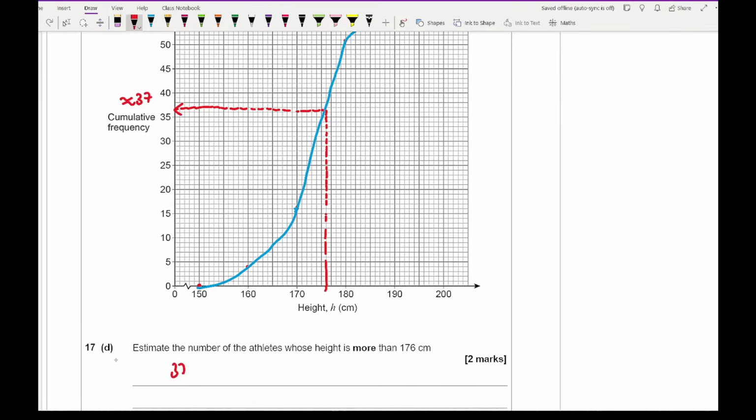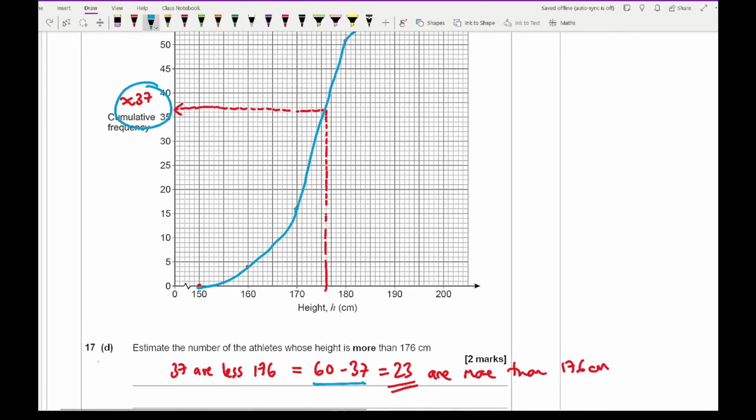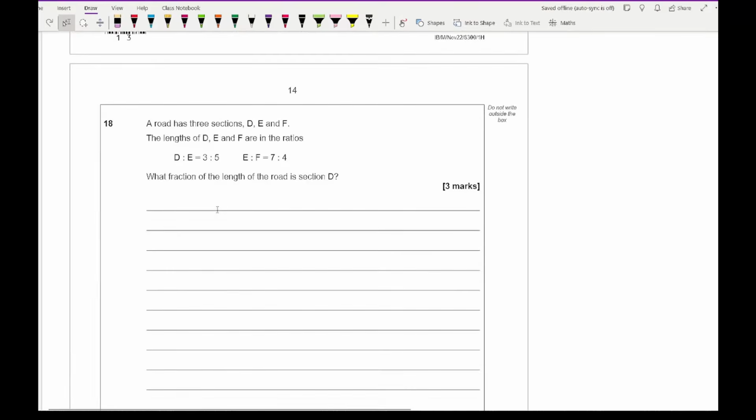So 37 are less than 176. So therefore 60 minus 37, which is 23, are more than 176 centimeters. So in terms of the answers, what you want to make sure you're doing is whatever number you read off here, you then want to take that away from 60 to get your final answer marks.